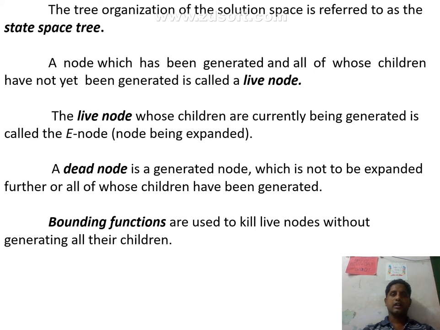The tree organization of the solution space is referred to as the state space tree. Here we use different types of nodes: live node, e node, and dead node. A node which has been generated and all of whose children have not yet been generated is called a live node.